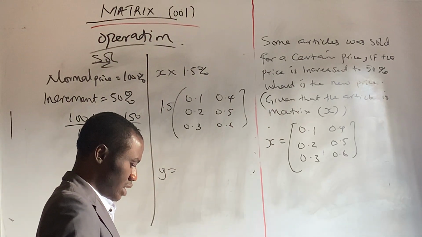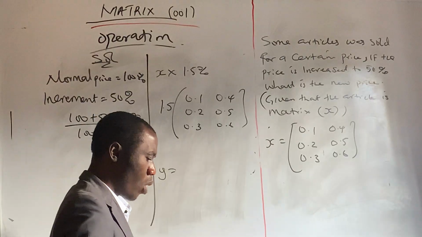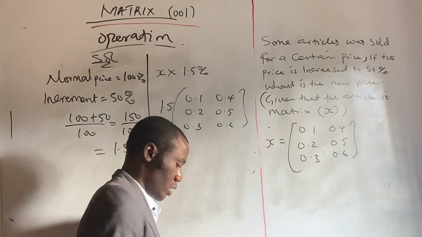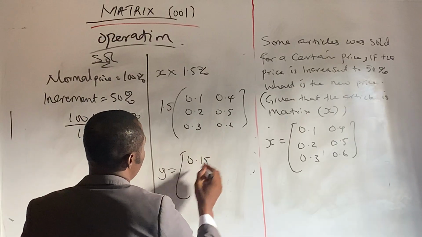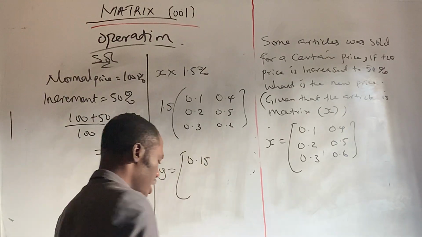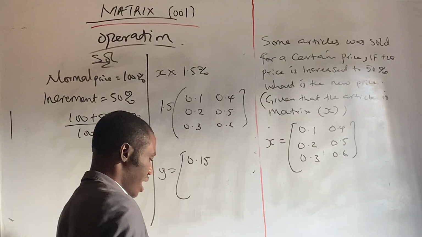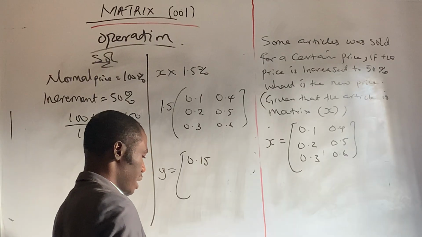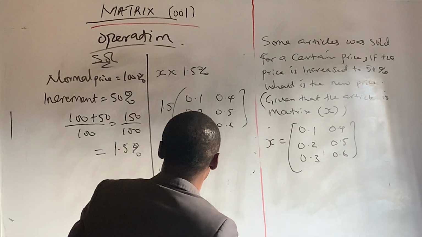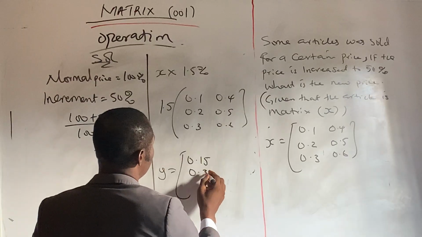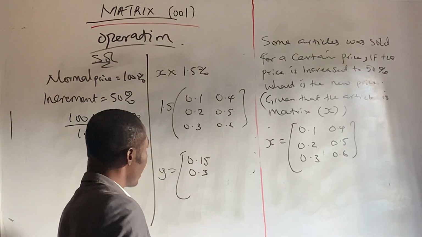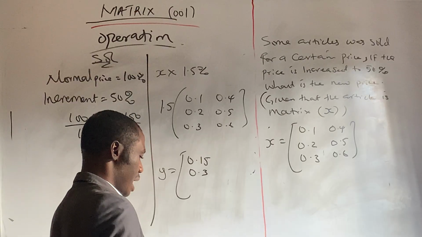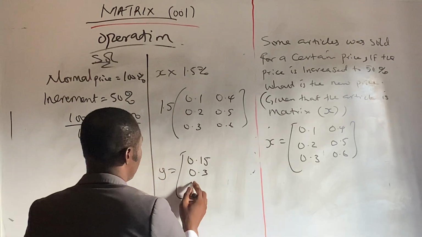So the new price y will become 1.5 times 0.1, that will give me 0.15. All right. The next one is 1.5 times 0.2, that will give me 0.3. Let's do the next one. 1.5 times 0.3, that will give me 0.45.